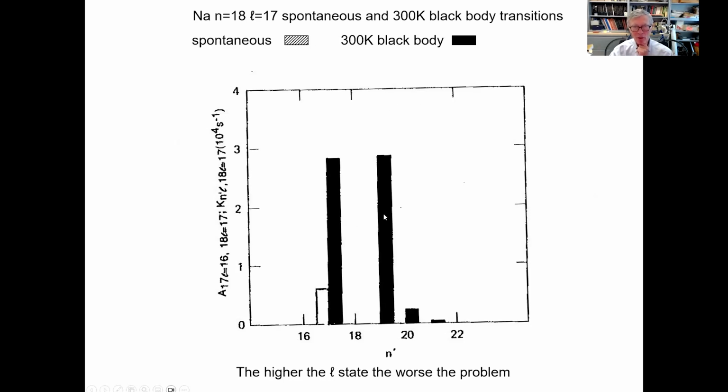Whereas the black body radiation in this case goes down also to that same state, and then up to n equals 19. So it goes from 17 to 19. And in fact, these two rates are far larger than the 0 Kelvin rate. These are now the dominant rates. So the higher the L state, the worse the problem of black body radiation is.